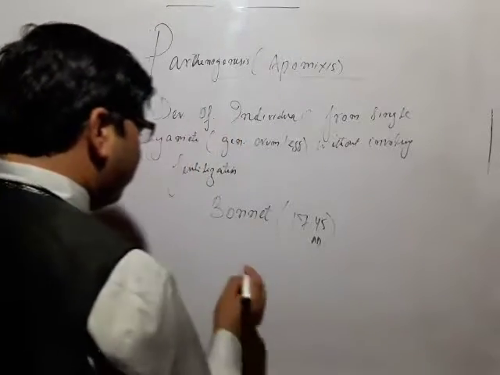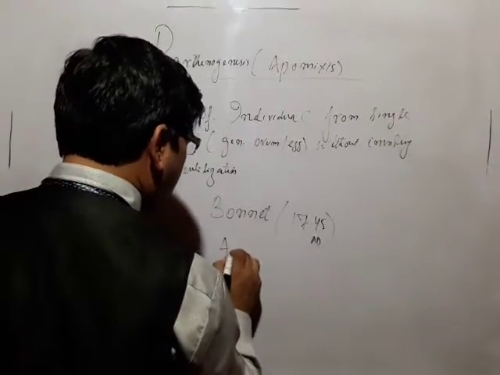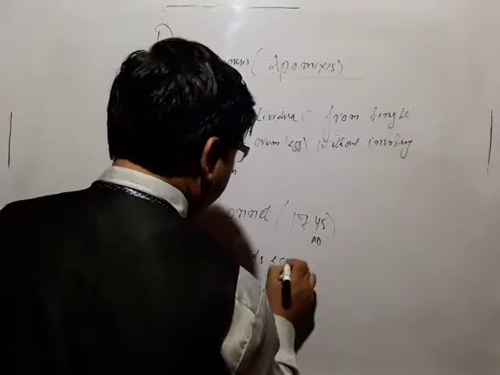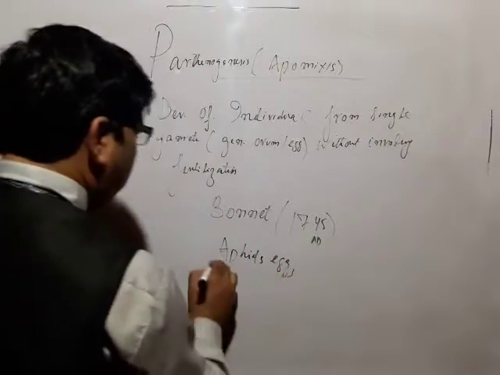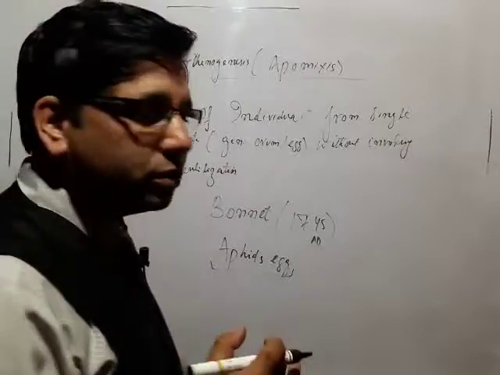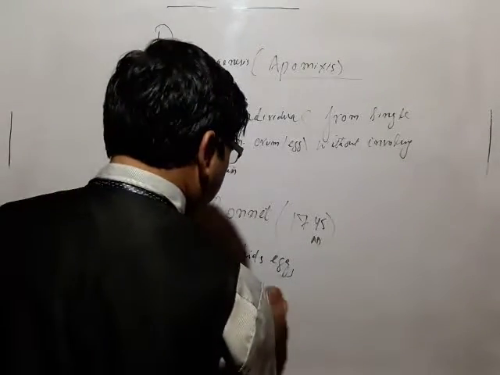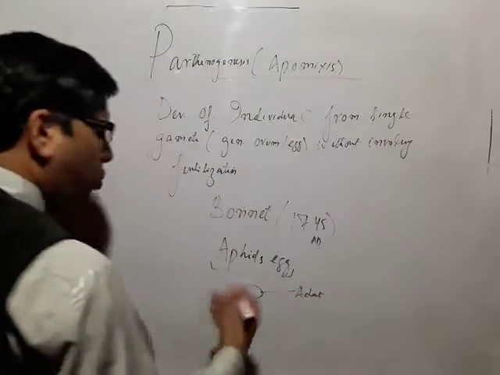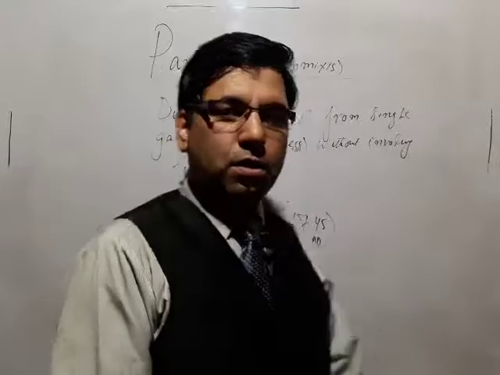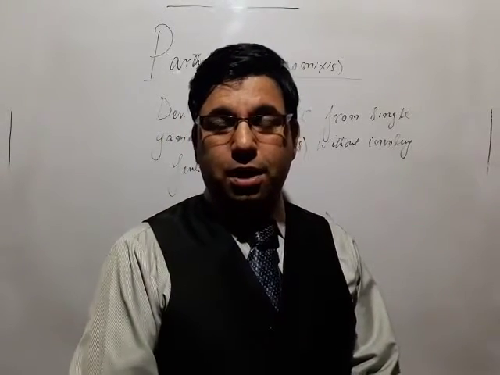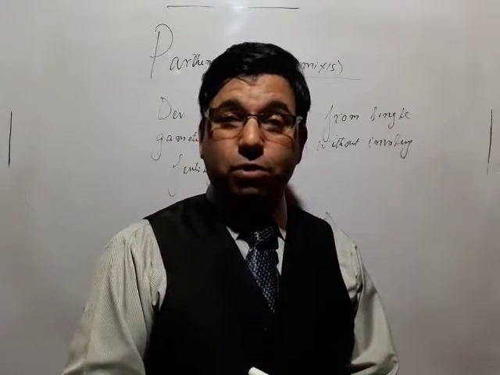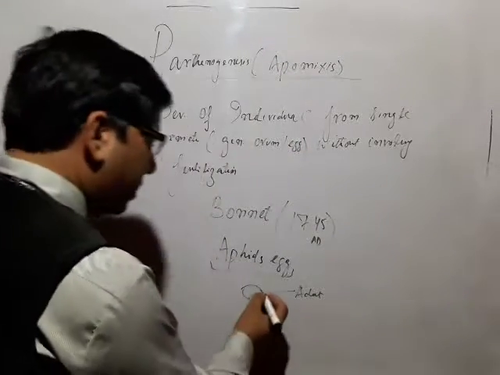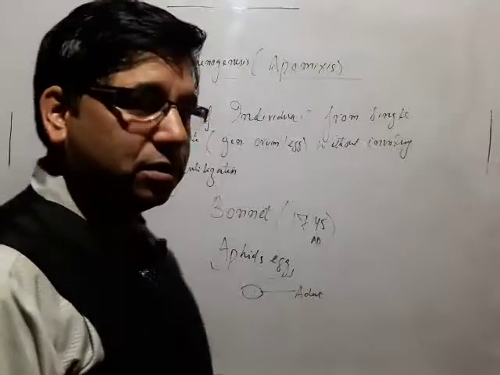He found that if there were aphid eggs, he experimented with these eggs and found that they directly produce a living adult, but it did not involve the process of fertilization. So the simple egg gets developed into an adult.